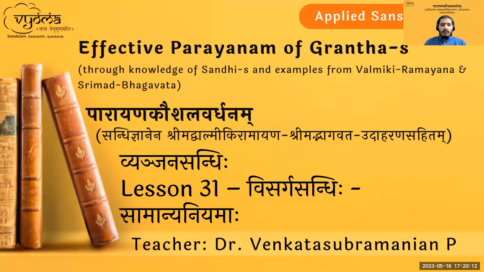Then we saw what is Samhita, when is Samhita required, when is it Nitya, etc. Later on, we studied the Swara Sandhis. In Swara Sandhis, we saw mainly two types of Sandhis.